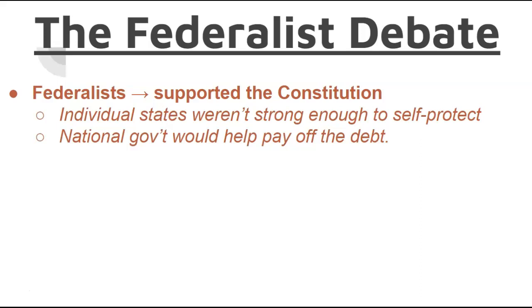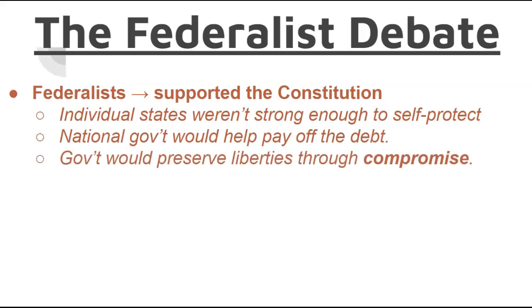And taxing power was a part of the Constitution, and it wasn't a part of the Articles of Confederation. The fear is that people's liberties and freedoms would be lost by increasing national government power. So Federalists argued that liberties would be preserved, protected, through compromise.